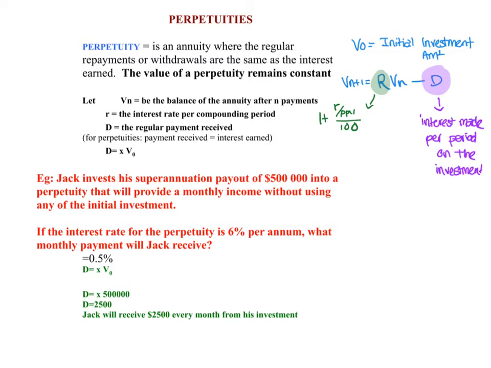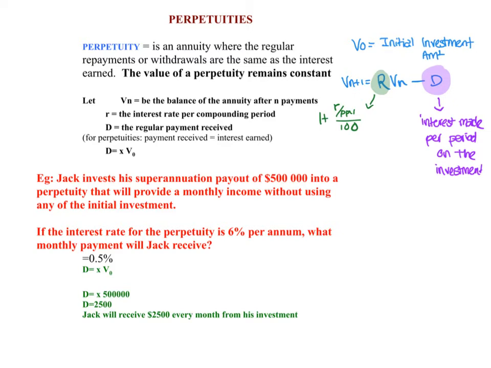So if you had a bank statement, it would be exactly the same. So if you're thinking about your finance solver, FV and PV will be exactly the same, except that when you invest the money, it will be negative. So PV will be negative, but FV will be the same number, but positive. So we'll do a few examples.